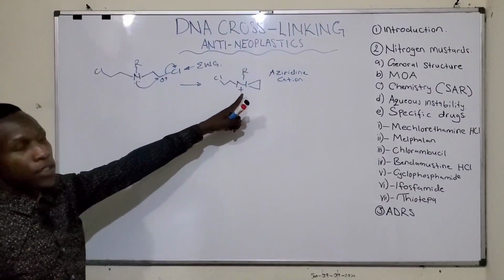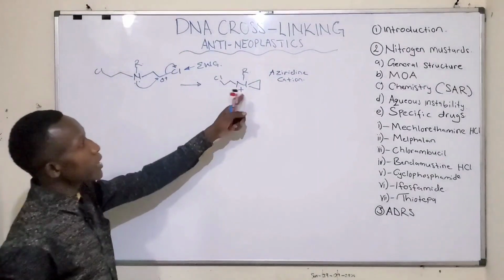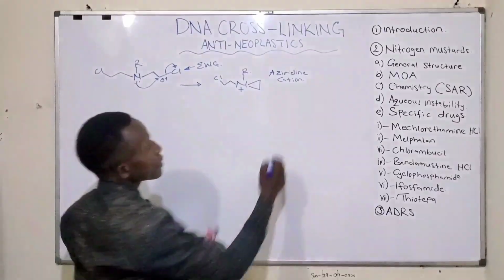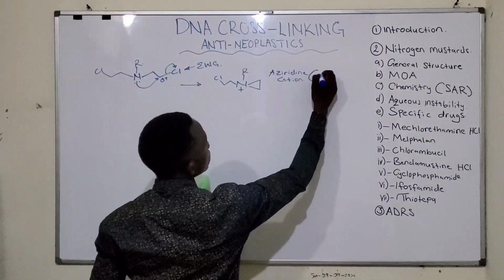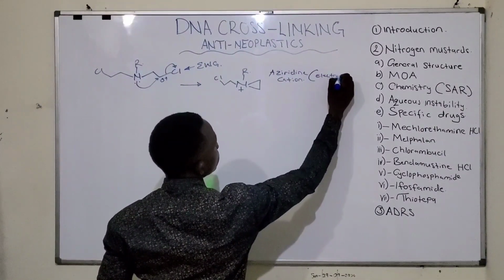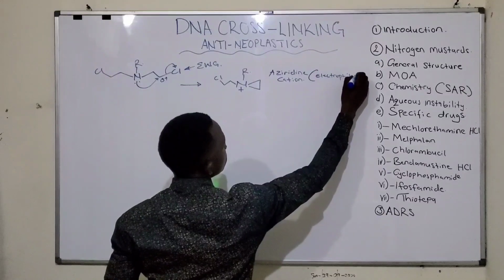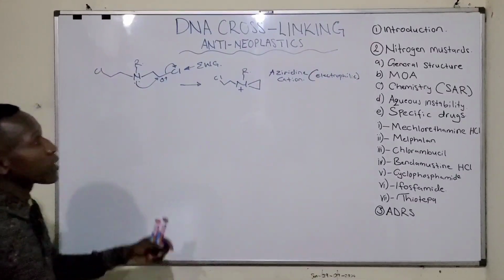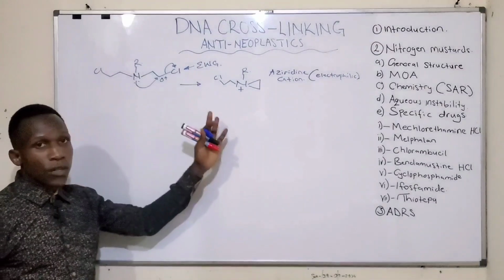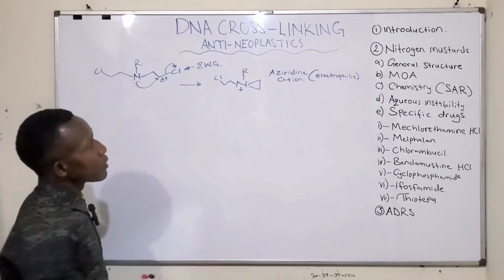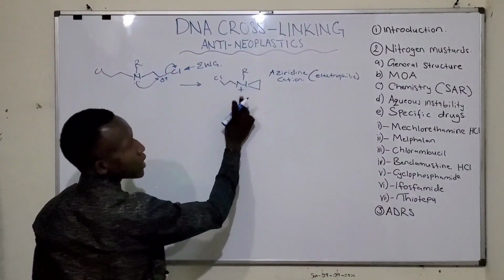This is the aziridine cation, and it's highly electrophilic. We say that they have highly electrophilic structures which are highly reactive, meaning that this nitrogen is unstable.